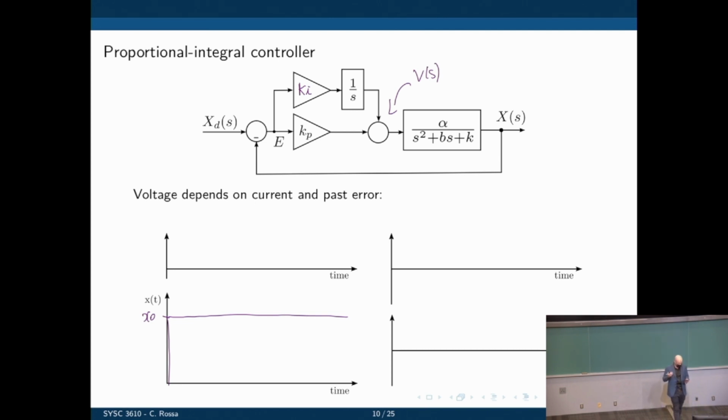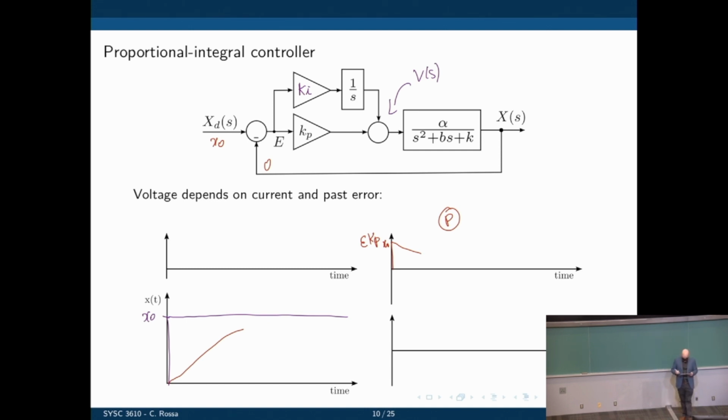The error is x0 minus 0, which is x0. So for the proportional component, it is still the same. The proportional component, let's call this P, is the error times Kp. So we will start at x0 times Kp.